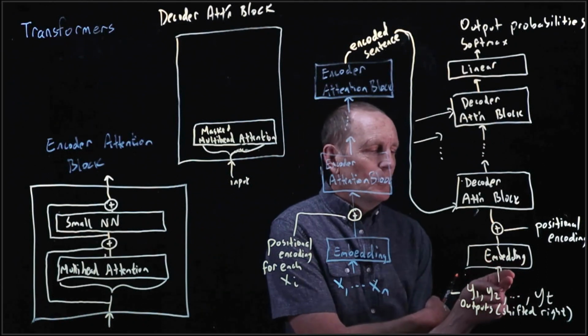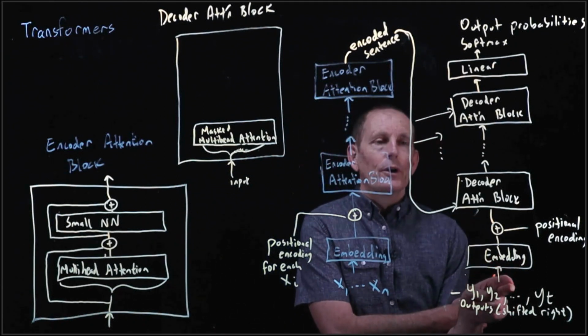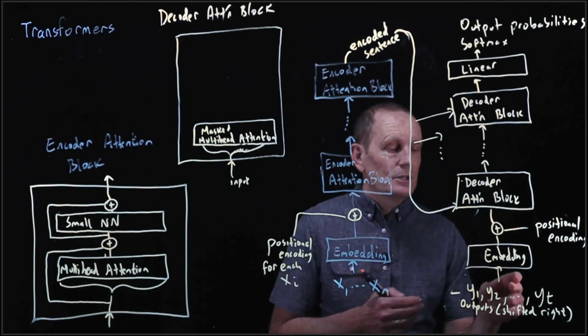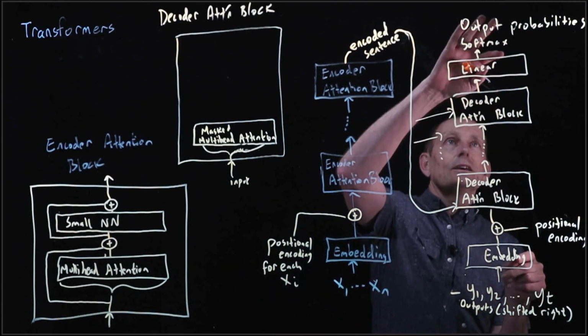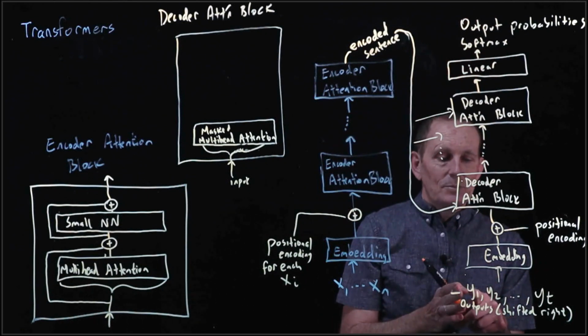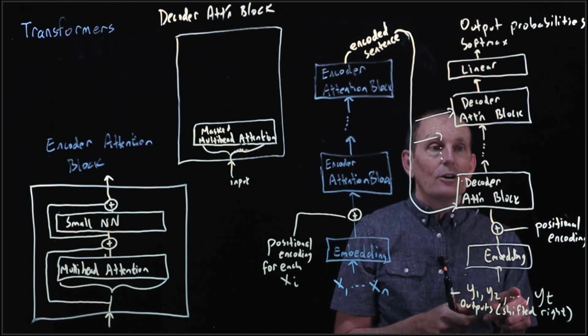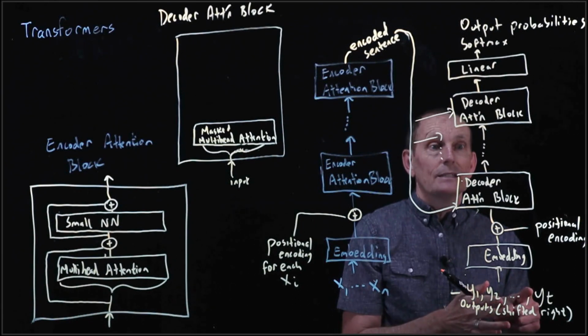We would like, when we're outputting, let's say the 10th word here, to be able to attend to all 9 of the previous words of the output. Okay? So when we're trying to calculate y10 hat, we'd like to be able to attend to all of y1 through y9. It'd be cheating, though, to be looking at y10 itself, right?